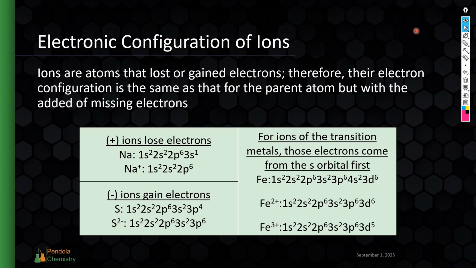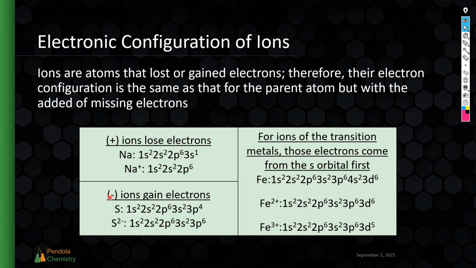They are going to be very similar to what we had with regular atoms that don't have any electrons added or removed. But with ions, because we either lose electrons with positive ions, with cations, or we gain electrons with negative ions, or anions, that's all we have to take into consideration, really. We're either going to have more or less electrons in the electron configuration.